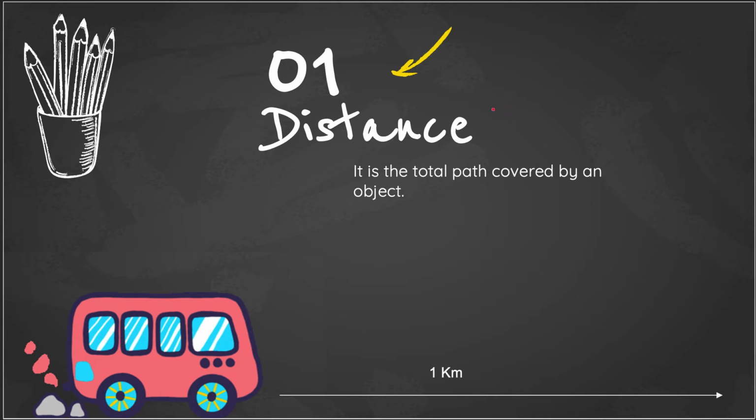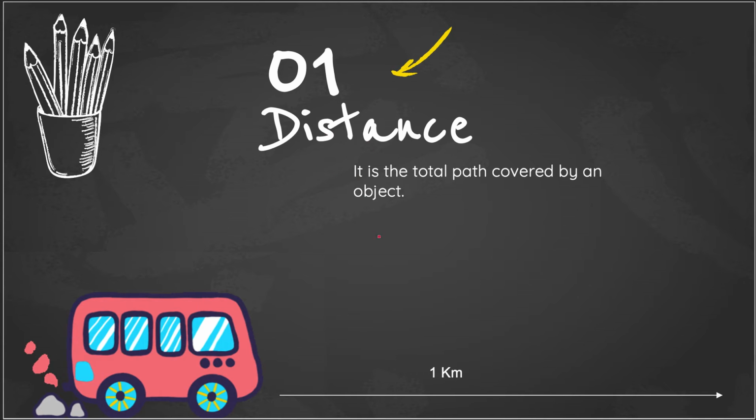First is distance, second is displacement, third is speed, and fourth is velocity. These are the four main core concepts of this chapter, motion. So these topics are extremely important and are to be understood.